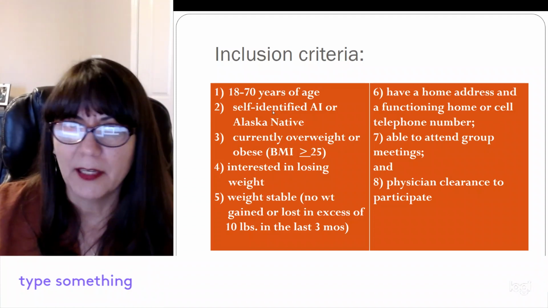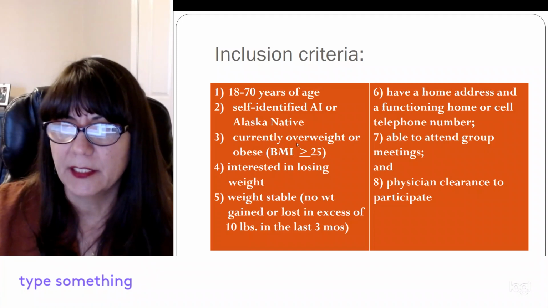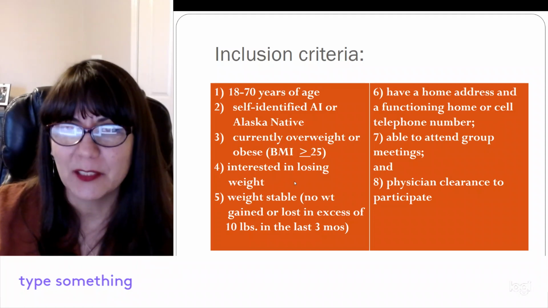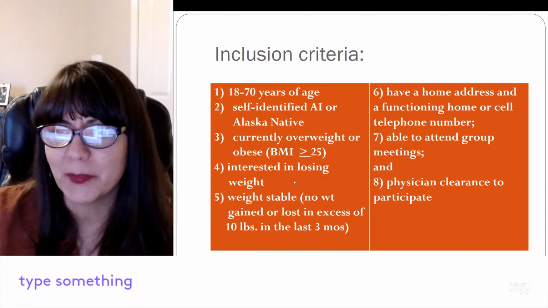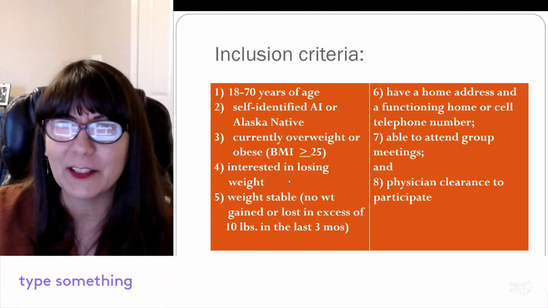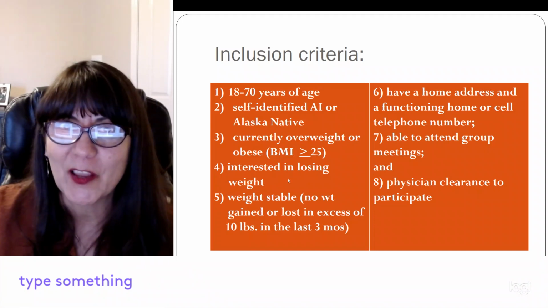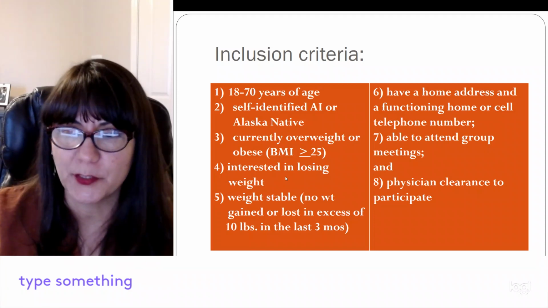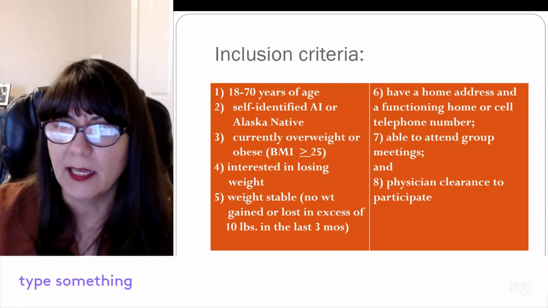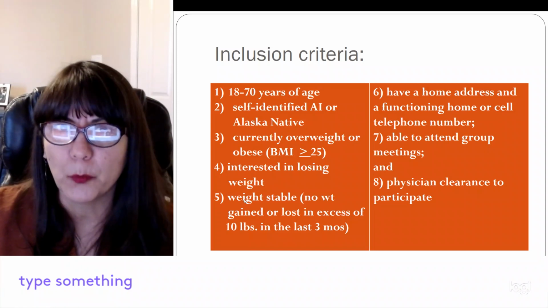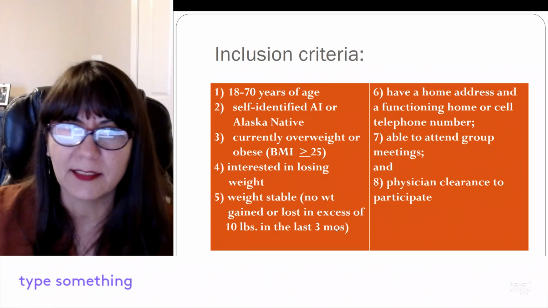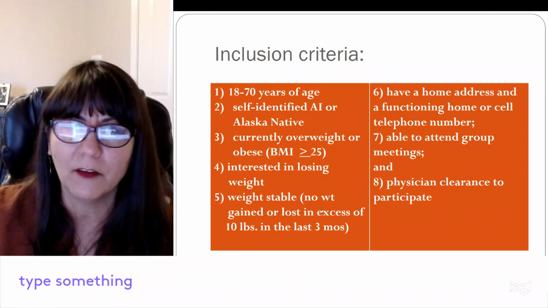They had to self-identify as American Indian or Alaska Native. They had to be overweight or obese. They had to be interested in losing weight, so they had to be motivated already, right? They had to be either in the contemplation or the preparation phase to engage in weight loss. They had to have relatively stable weight, so they didn't want anyone who was yo-yoing with excessive weight loss on and off, right?